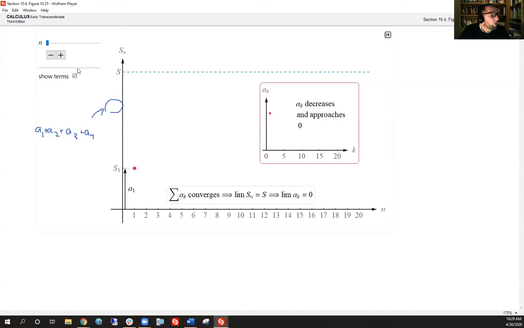In order for the infinite series to converge, the terms themselves now have to approach 0. So if the terms don't approach 0, then we're always going to be getting jumps in the series.